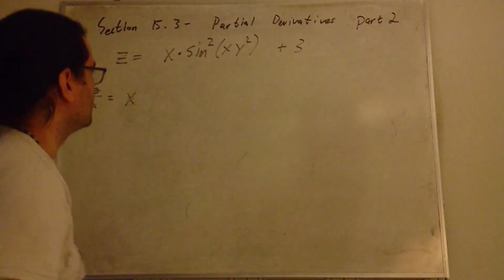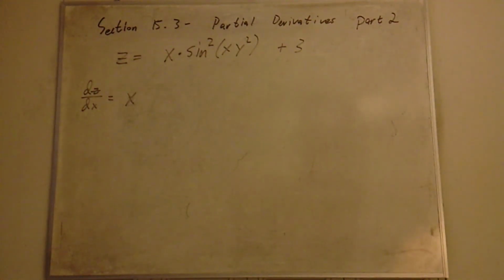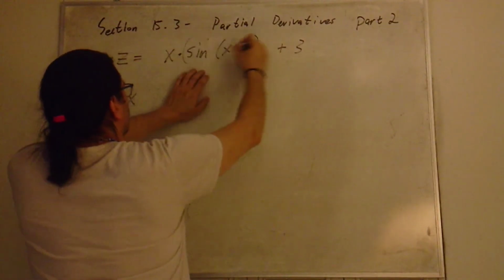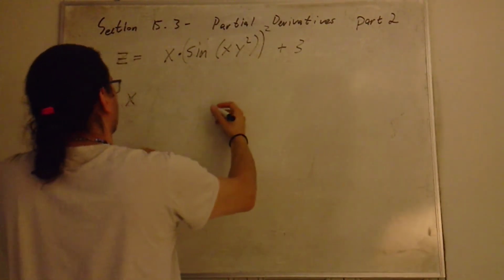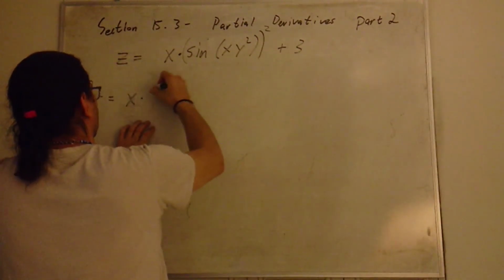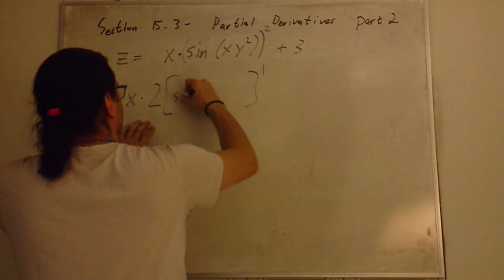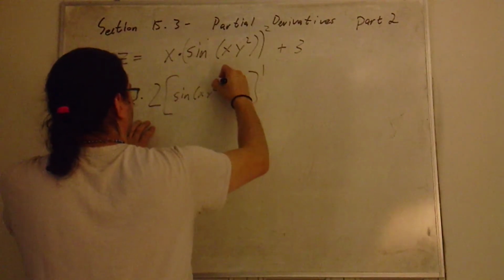Derivative of the second is a weird looking chain rule thing. So the outside here, remember that sine squared means sine, squared. So the outside here should be 2 of these things to the 1. And this thing is the sine of xy squared.